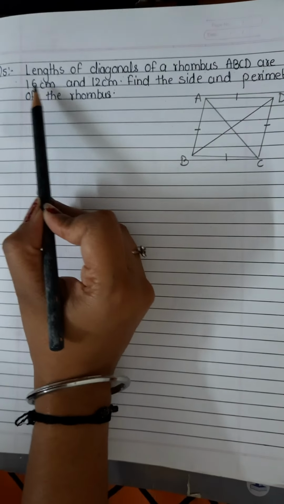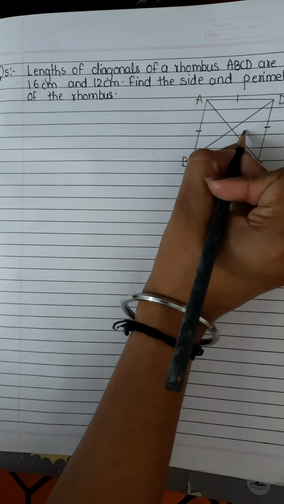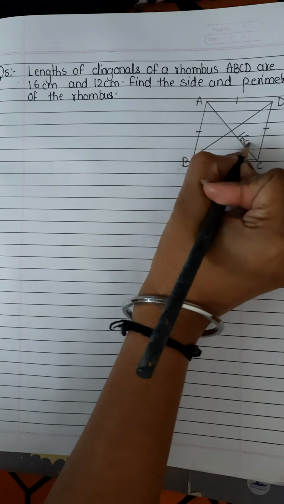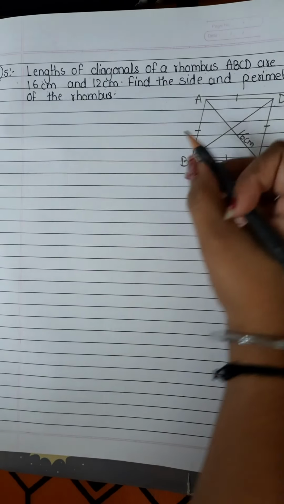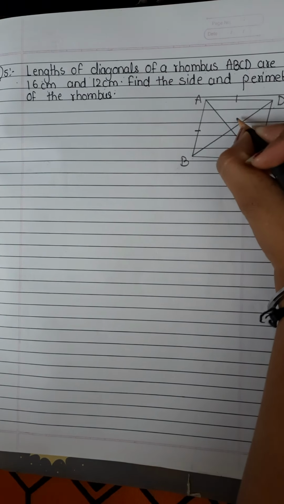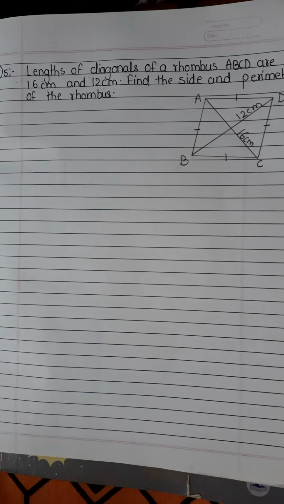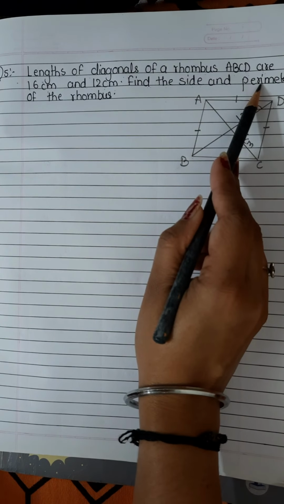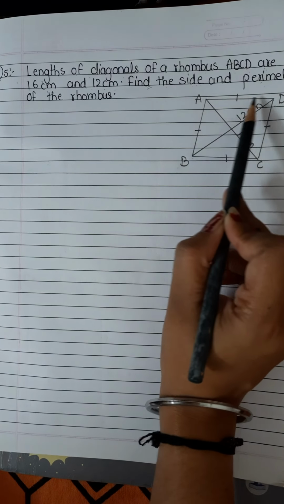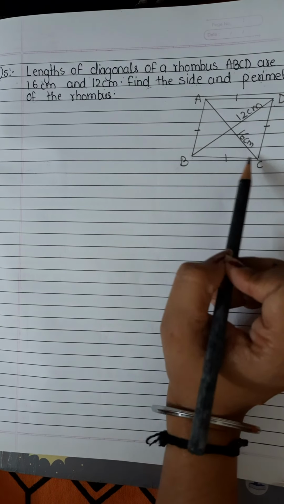Okay. Now diagonal AC is given as 16 cm and the other diagonal is given as 12 cm. So diagonal BD is equal to 12 cm. Here we have to find the side of the rhombus and the perimeter of the rhombus.